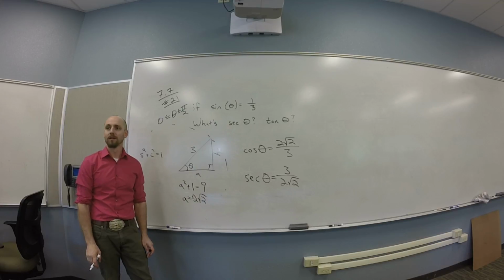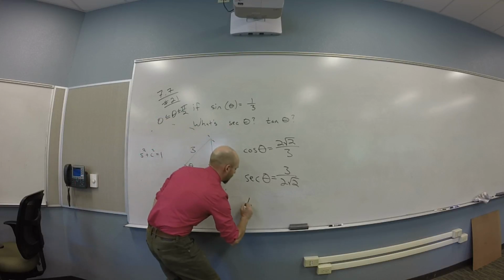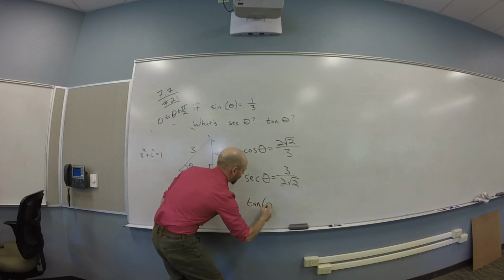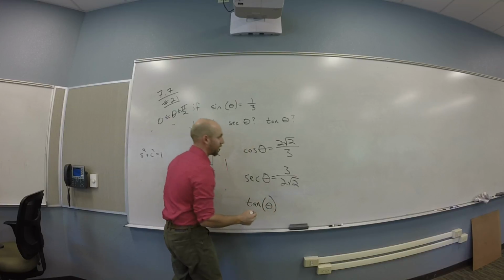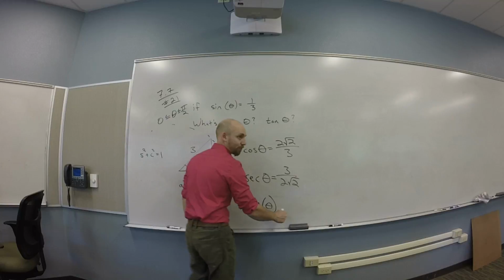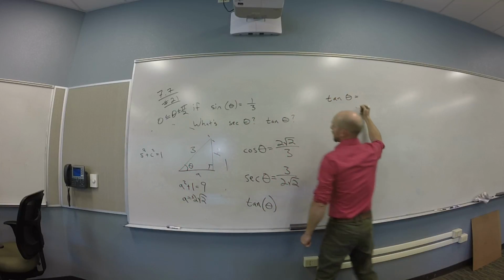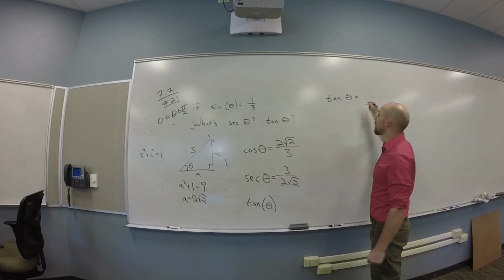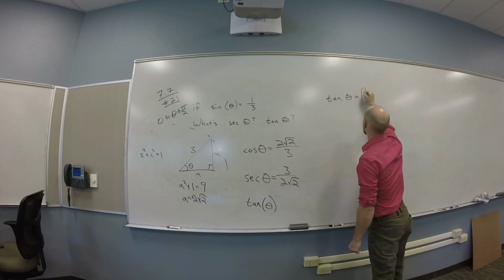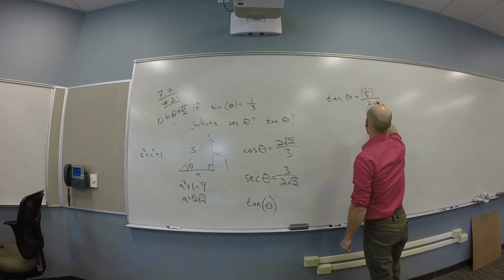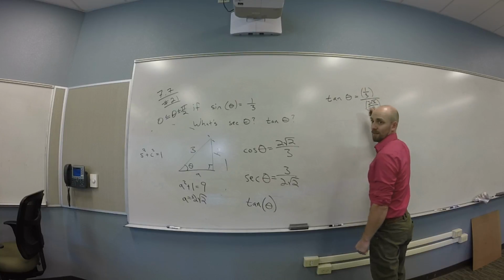And then tangent is 1/3 over 2 root 2 over 3. I don't know how you're doing it. Okay, so tangent of theta, I kind of ran out of space, I'll write it here. So tangent of theta is what? 1/3 over 2 root 2 over 3. Right?